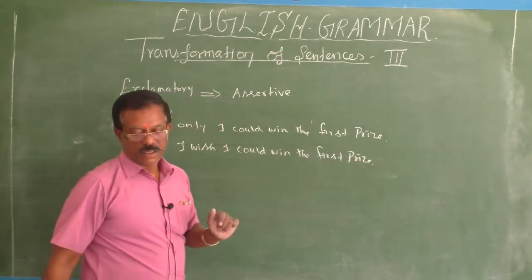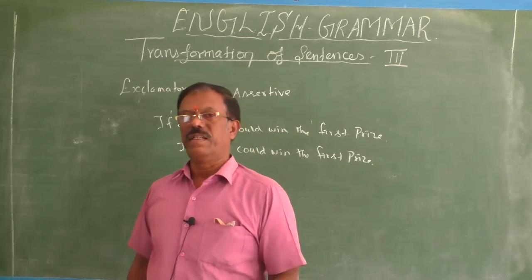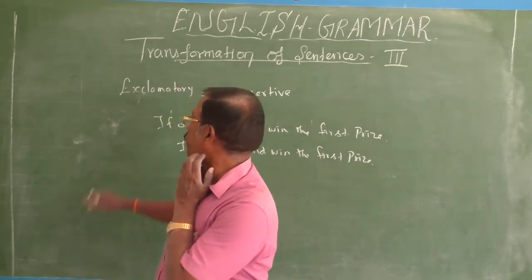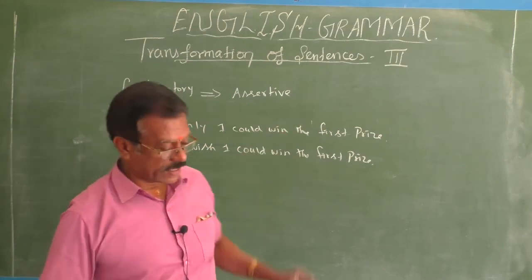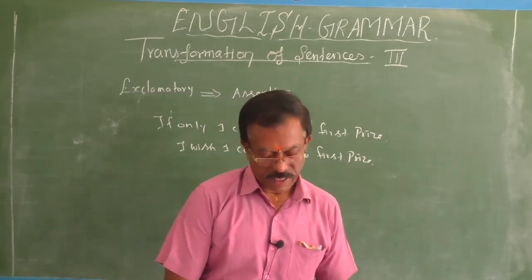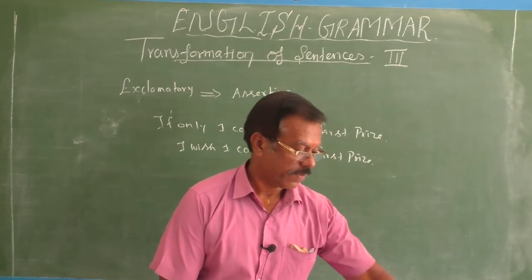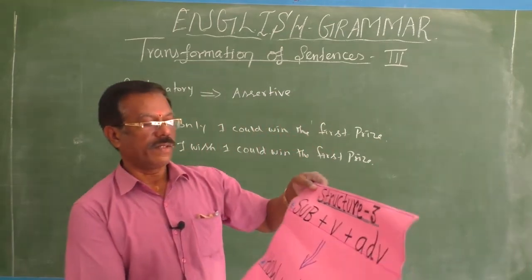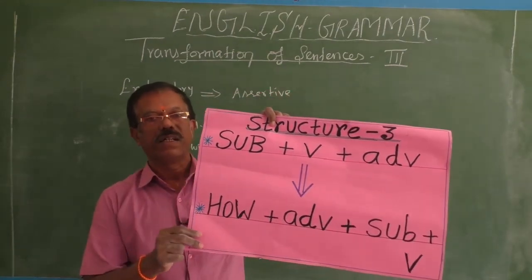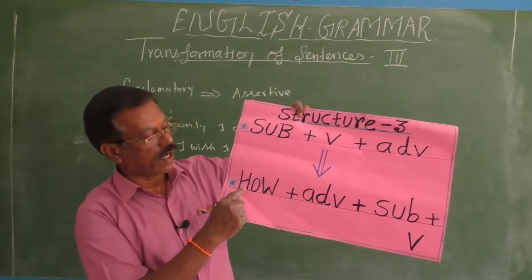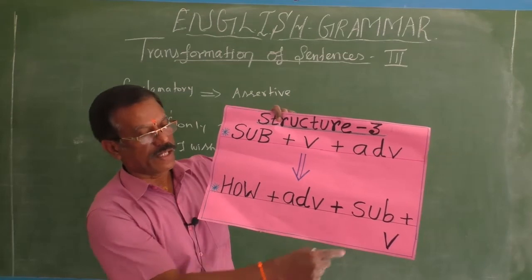So children, so many examples you have seen for transformation of exclamatory sentences into assertive sentences. Now see, subject plus verb plus adverb. Sometimes you may have this structure. For this you have to change it into how plus adverb plus subject plus verb.